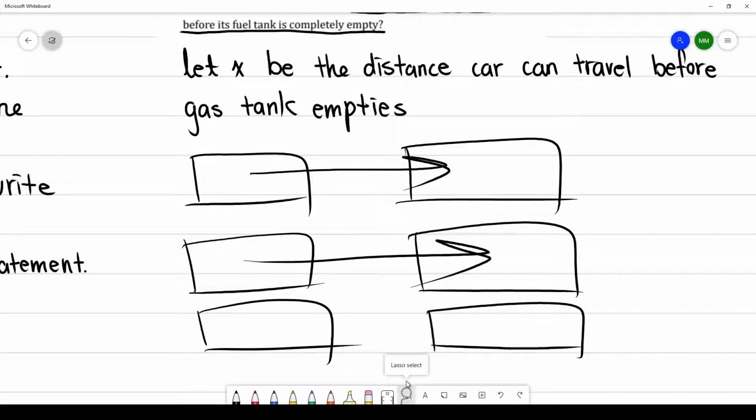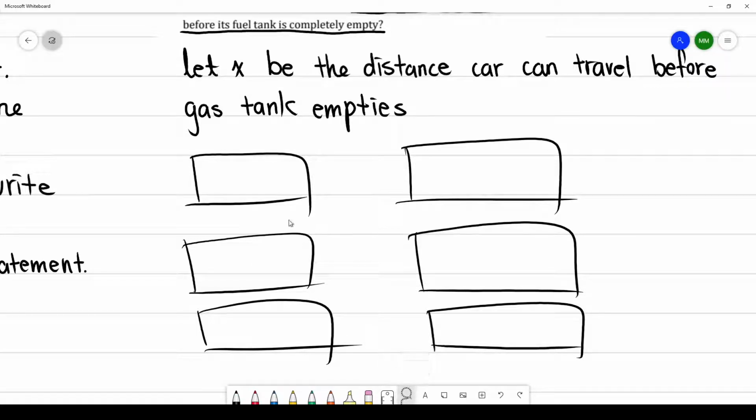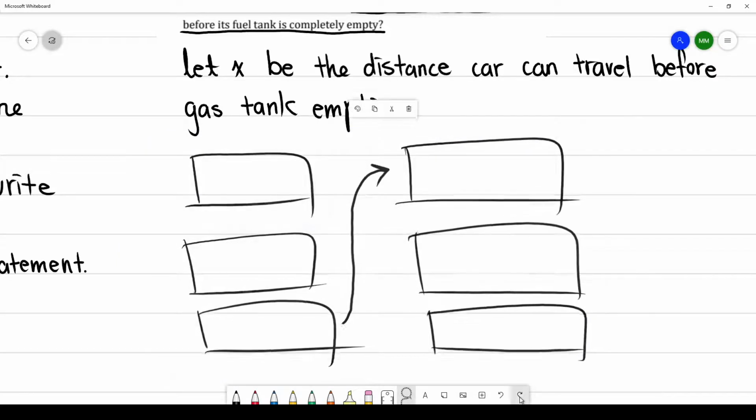So if you have to do that, after you write this, go from top to bottom first, and then draw an arrow to indicate that from this step, you go to this step. But if you have space on the paper, just go from top to bottom. Don't go from left to right.